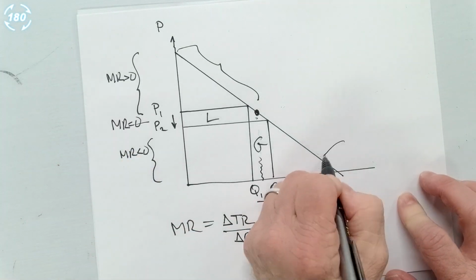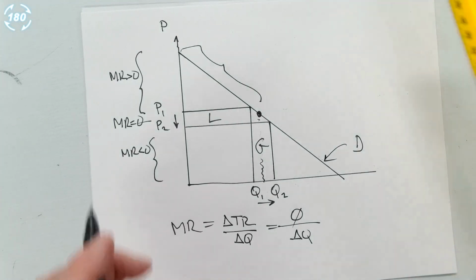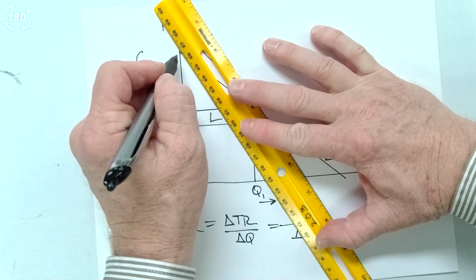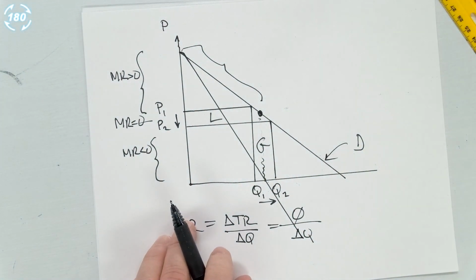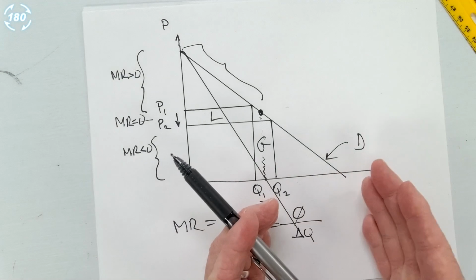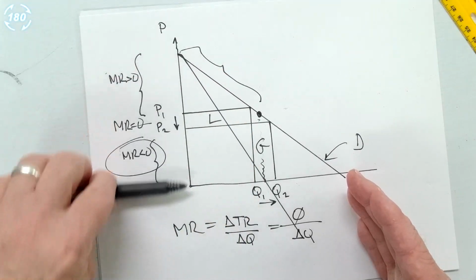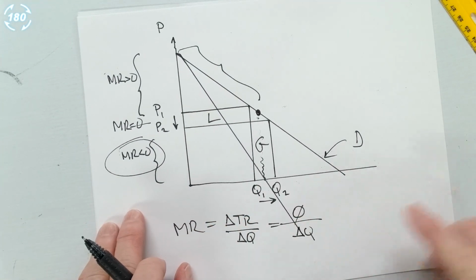So if this is the demand curve that gives you the price of a good, then the marginal revenue curve looks like the demand curve, except it's twice as steep. So over here, the marginal revenue is negative. For these prices, in this region here, the marginal revenue is going to be negative.